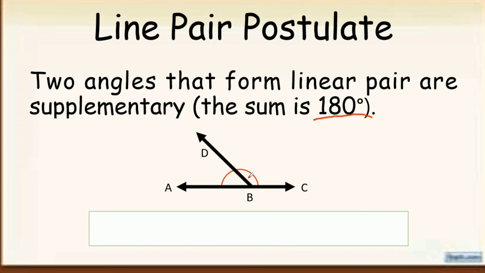So, kung si angle ABD is 80 degrees at si angle CBD is 100 degrees, and if their sum is 180 degrees, therefore these two angles are supplementary. Okay?